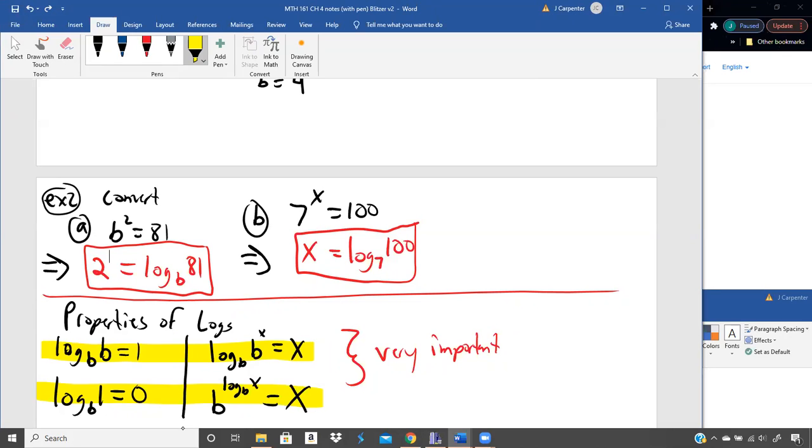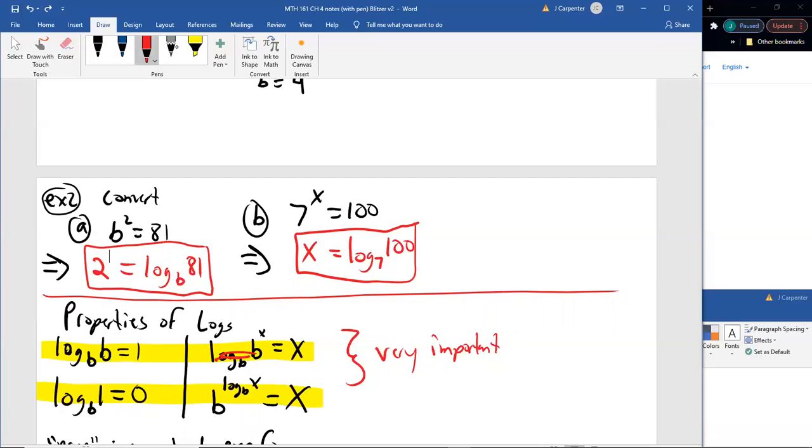As long as the bases match, the base of the log and the base of the exponential. Essentially what happens here is all of this stuff just cancels each other out. It's like adding and subtracting the same number, or it's like multiplying and dividing the same number. And the answer is just the original argument.